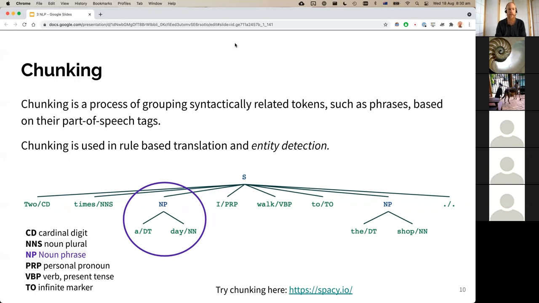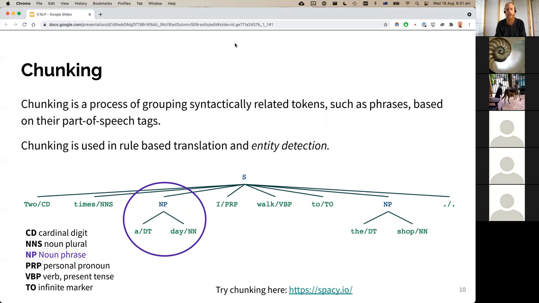So we have, again, "2 times a day I walk to the shop." The parts of speech have been labeled on each of the sentence tokens. And then within that sentence, we can group or chunk individual tokens into phrases or other chunks.